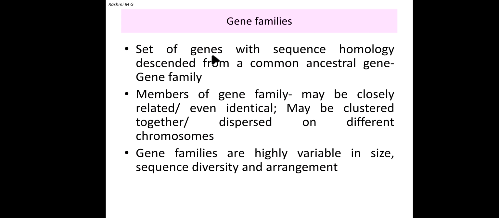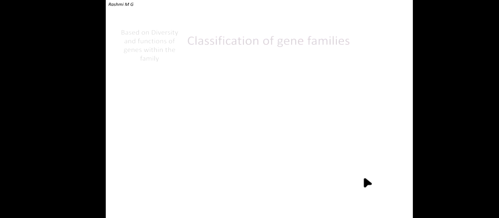Gene families are the set of genes with sequence homology descended from a common ancestral gene, that is known as a gene family. Members of gene families are closely related or even identical. They may be clustered together or dispersed in different chromosomes. Gene families are highly variable in size, sequence, diversity, and arrangement.